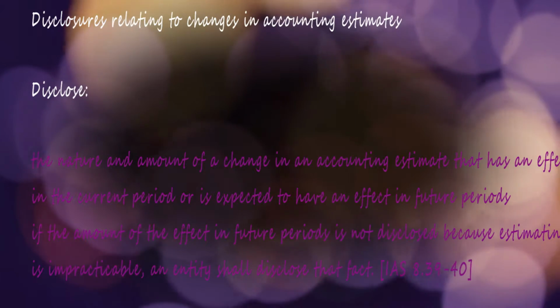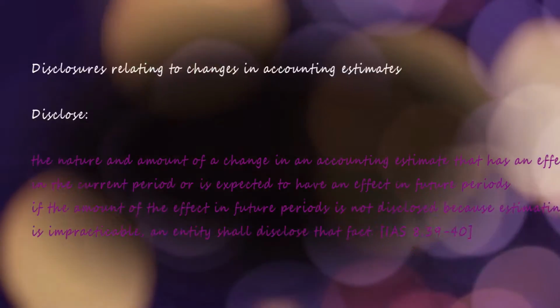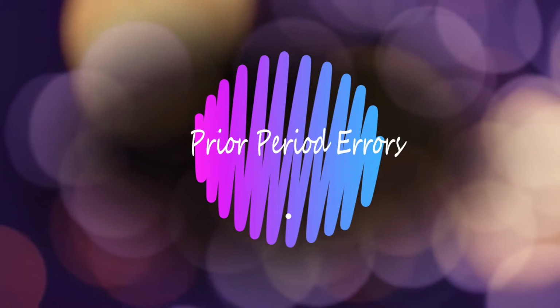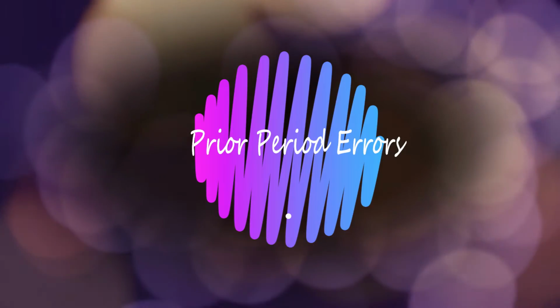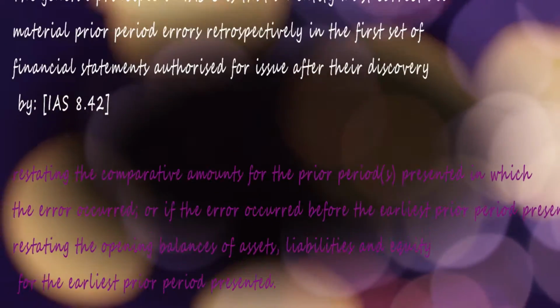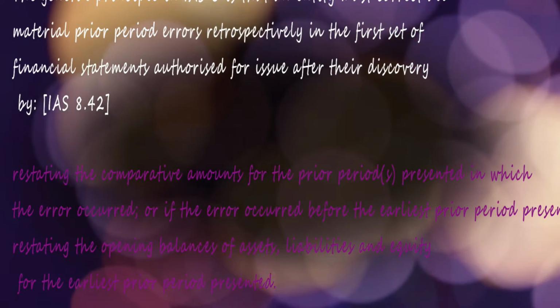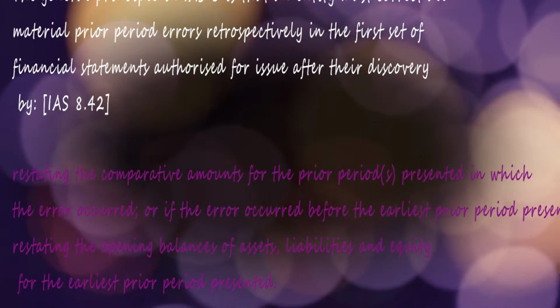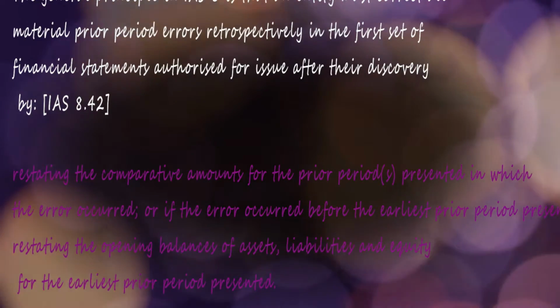Disclosures relating to changes in accounting estimates are the nature and amount of a change in accounting estimate that has an effect in the current period or is expected to have an effect in future periods. If the amount of the effect in future periods is not disclosed because estimating it is impracticable, an entity shall disclose that fact. And the third one, the changes in errors.